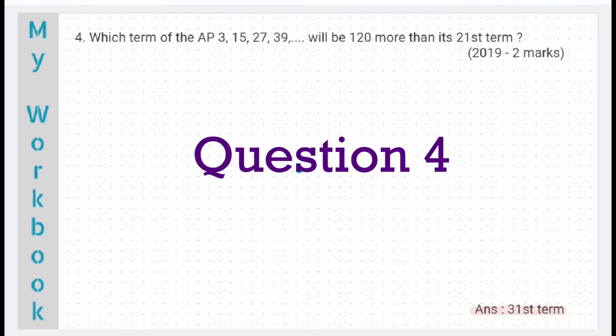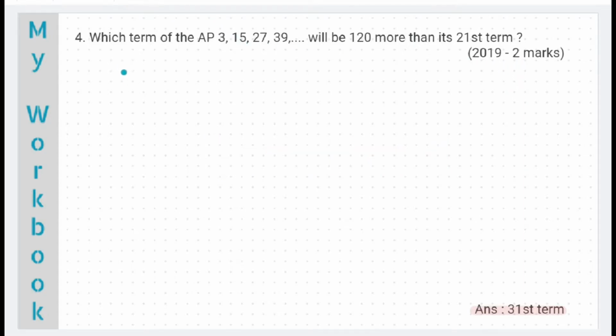Question number 4. Which term of the arithmetic progression 3, 15, 27, 39, and so on will be 120 more than its 21st term? 2-mark question from 2019 board exam. So let's first try finding what the 21st term is. A21 will be a plus n minus 1 into d.